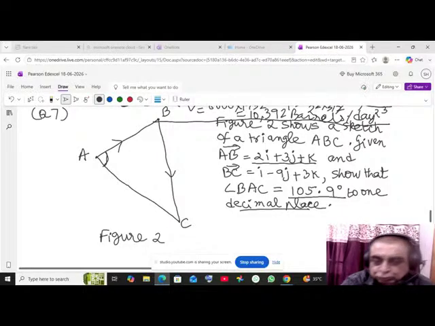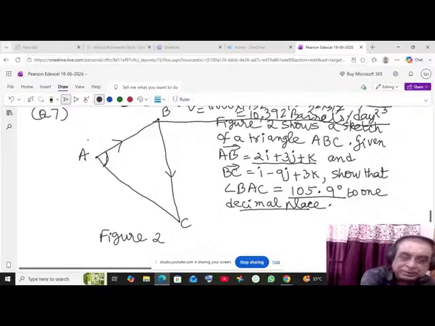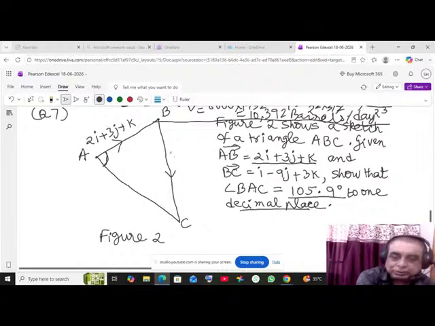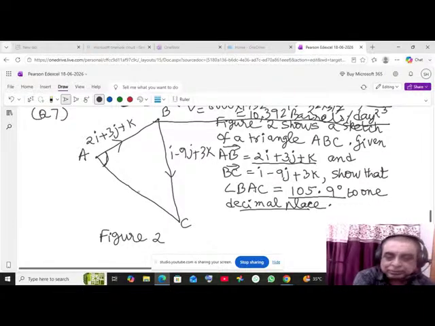Now you see, AB is denoted by the vector 2i plus 3j plus k, and BC is denoted by the vector i minus 9j plus 3k. So what will be the vector AC?